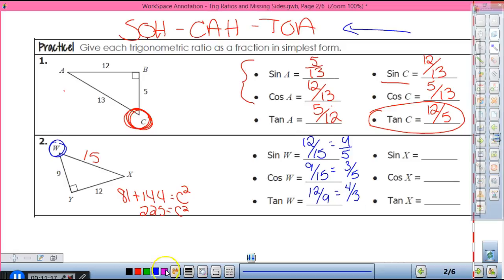Right? So shift your focus. Now we're looking at x. Sine is opposite, 9 over 15.